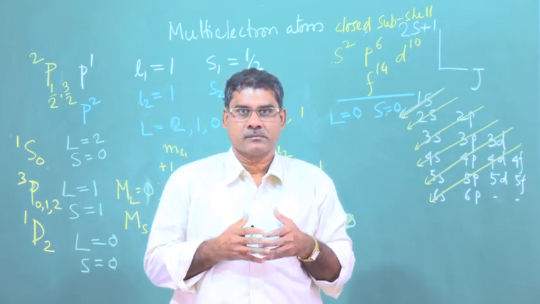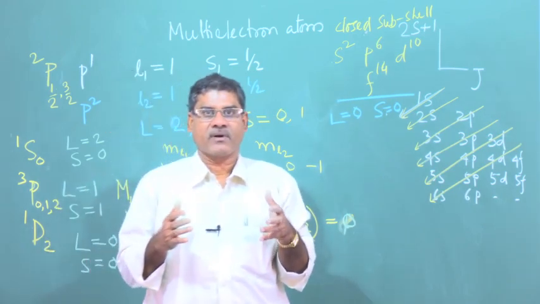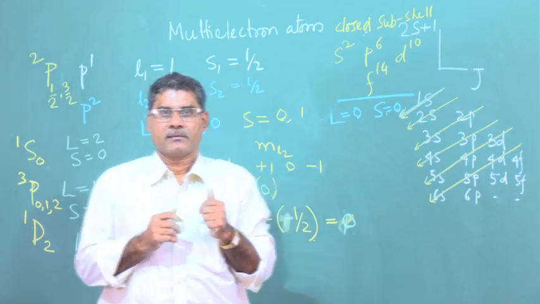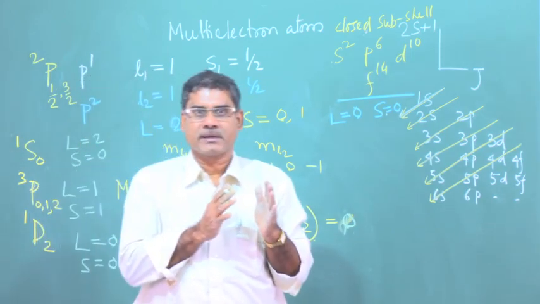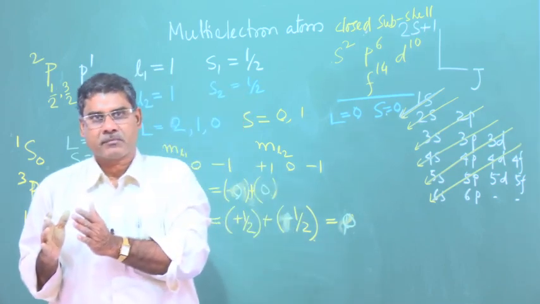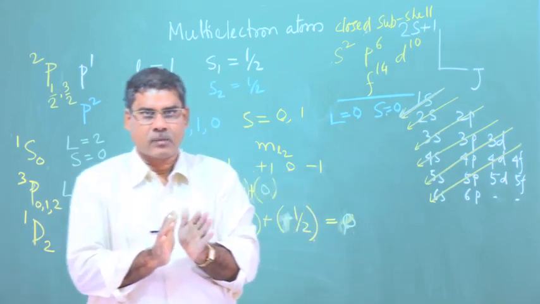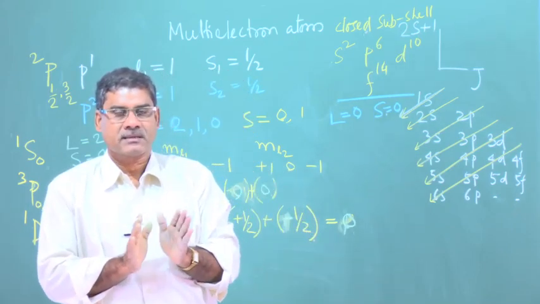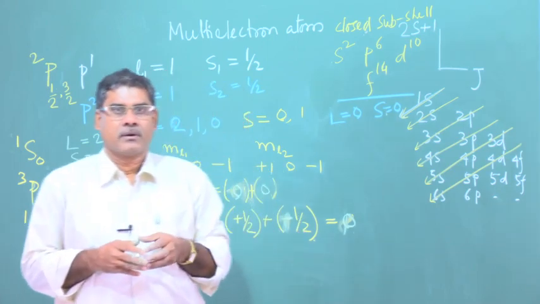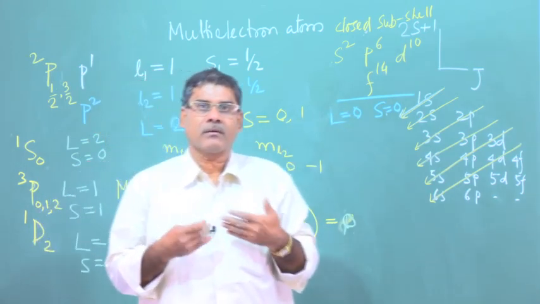For non-equivalent electrons, just using the vector model one can find the resultant capital L, the resultant orbital angular momentum, the resultant spin angular momentum, capital S, and then the total angular momentum, that is J. Whatever values of L, S and J we get, all are allowed.